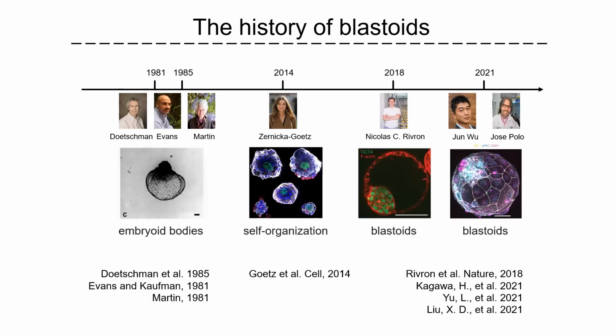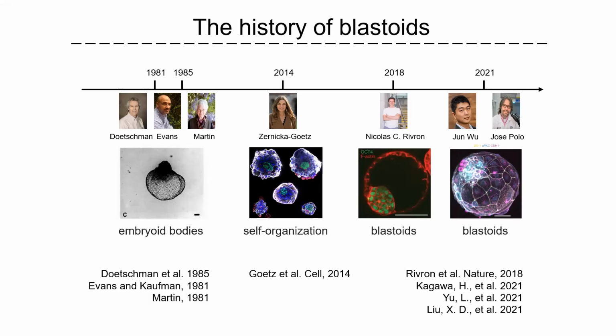It's the first time we realized that in proper culture conditions, pluripotent stem cells possess a self-organization property to initiate morphogenesis in vitro. Eventually, in 2018, Nicolas Rivron unprecedentedly claimed the concept of the blastoids. They reported that trophoblast and embryonic stem cells cooperate in vitro to form structures that morphologically and transcriptionally resemble E3.5 blastocysts.